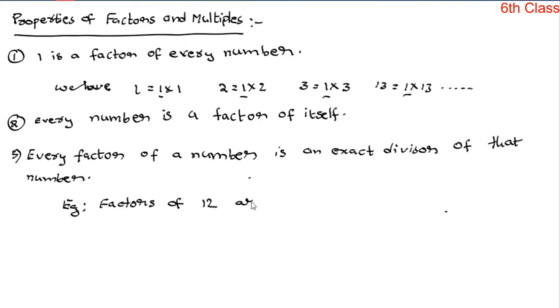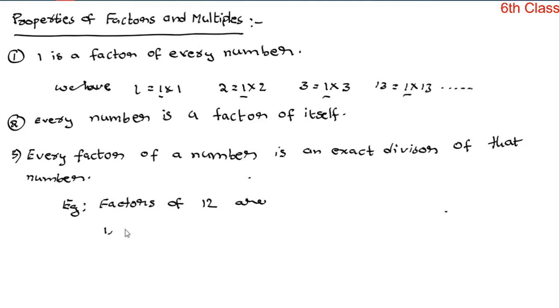What are the factors of 12? 1 is a factor of 12, that's why 1 is a factor of every number. 1 times 12 is 12, so 1 is a factor of 12.